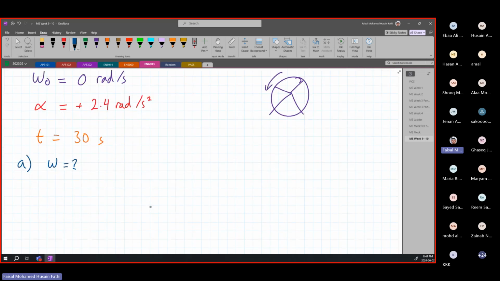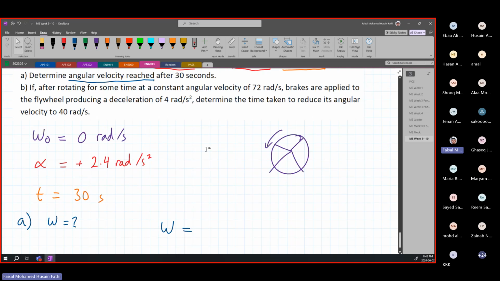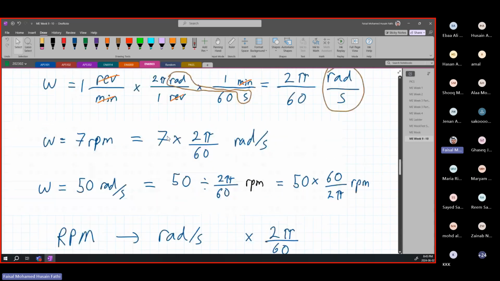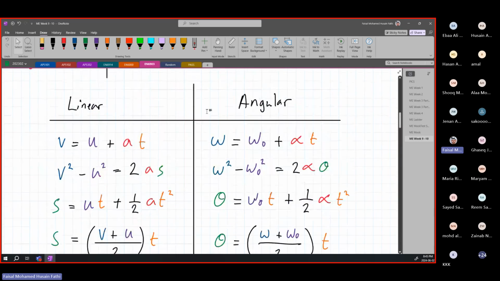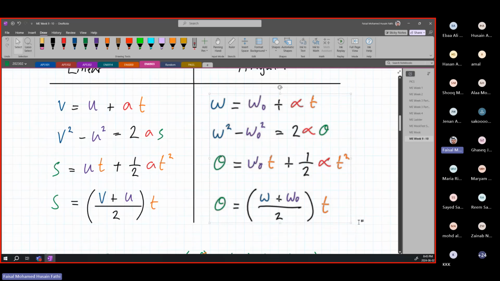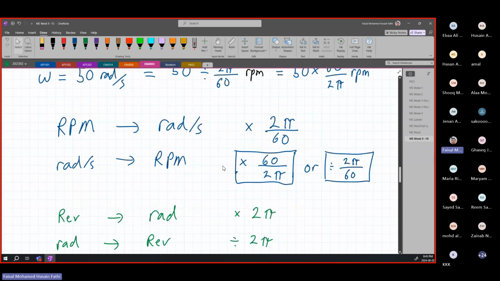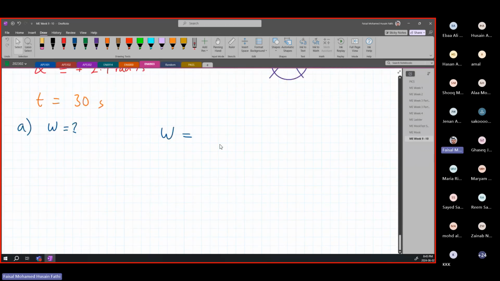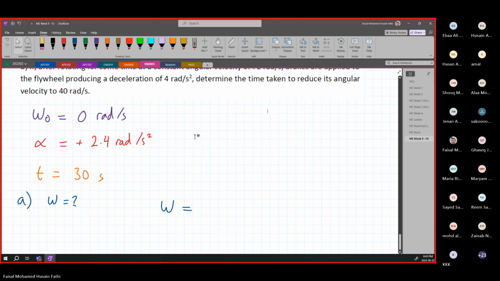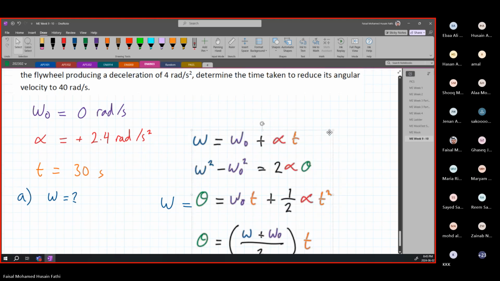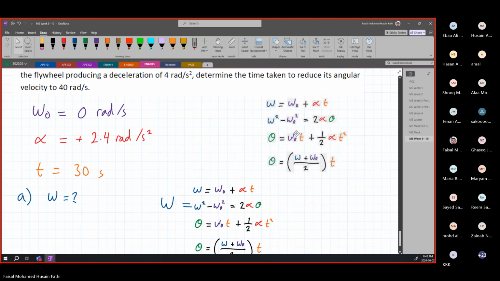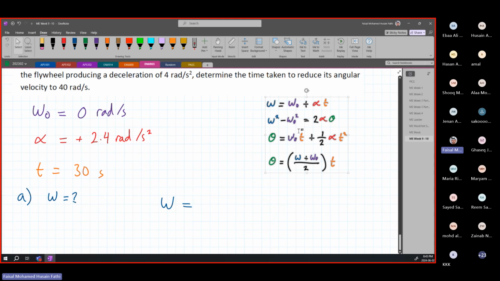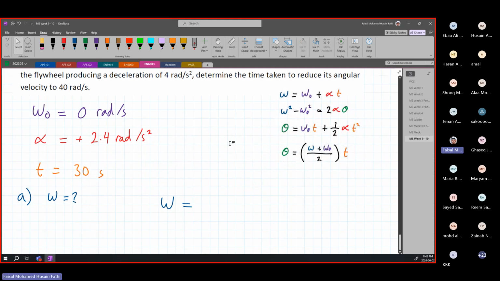How do we do that? We use one of the equations that I've shown you earlier, and the best equation is the one where we already have all of these givens. Let me copy paste these equations and make them a bit smaller, so you can have a reference point.